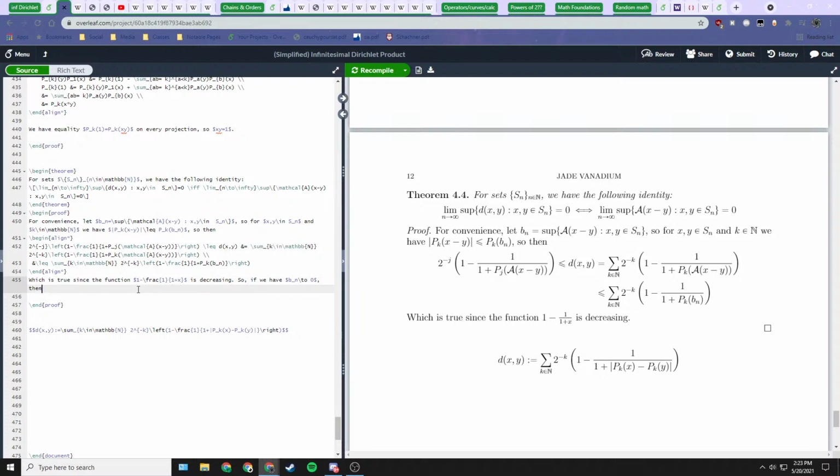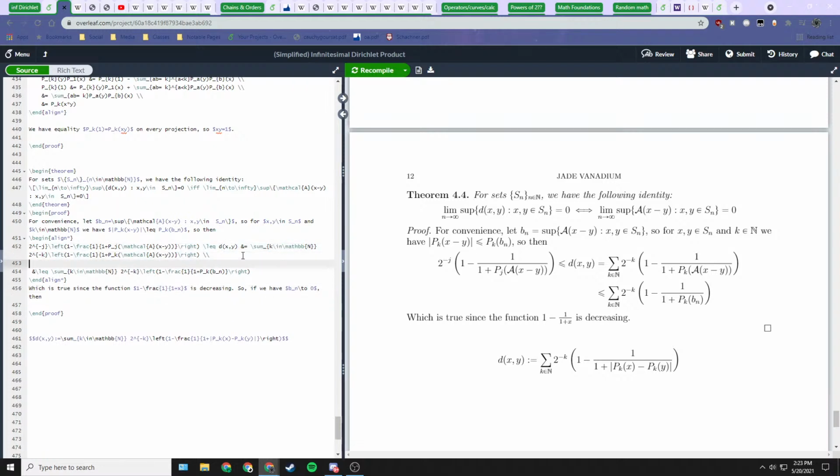These supremum distances have to be in here somewhere, the supremum and the distance function.